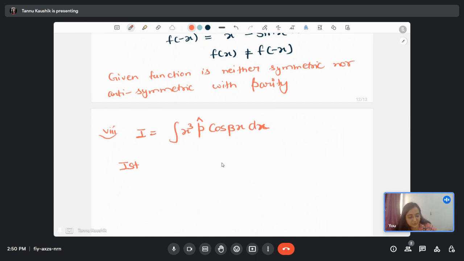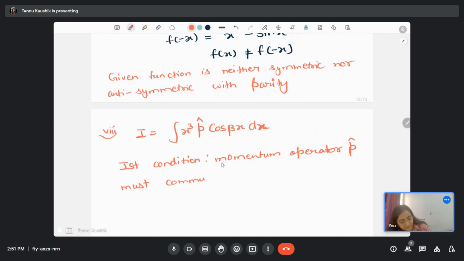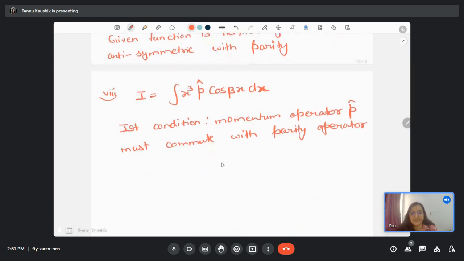This is what we are taking. Okay. So the first condition of the corollary for this transition dipole moment integral to be equal to 0 is that this momentum operator P must commute with the parity operator.